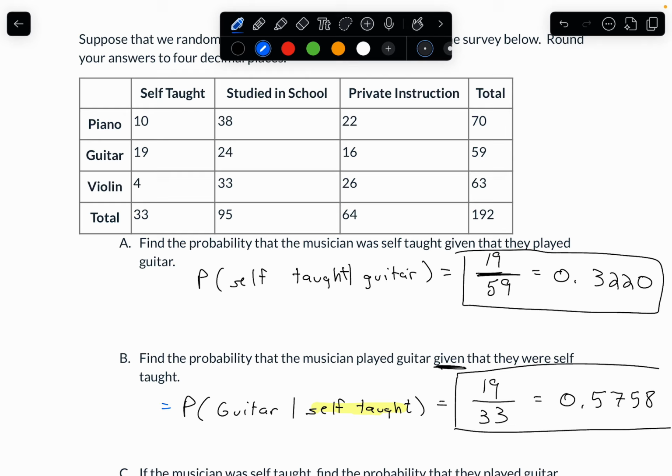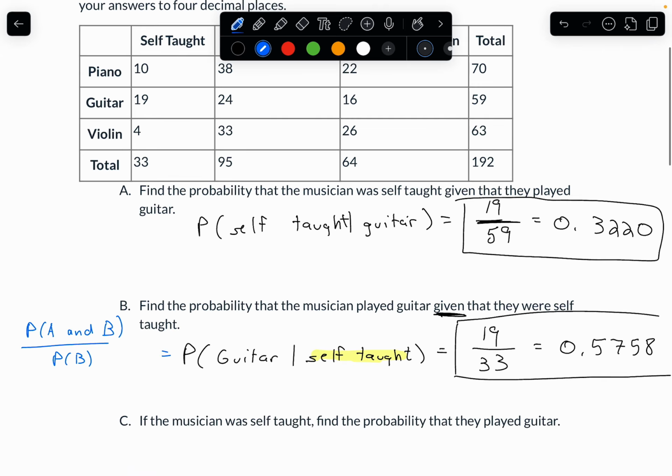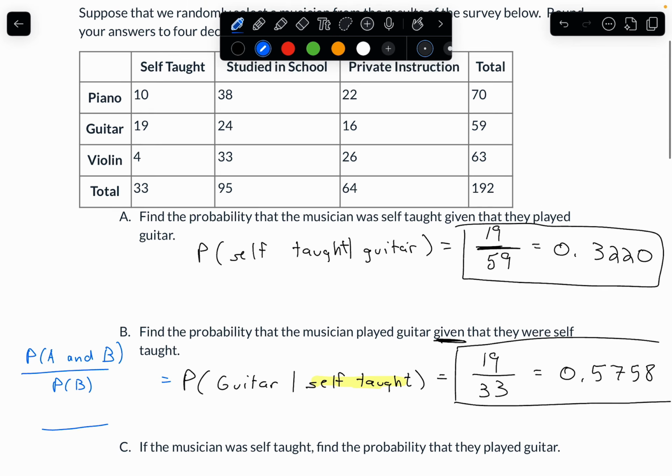The formula for conditional probability is the probability of A and B divided by the probability of my given event B. So I would need, first of all, the probability that they play guitar and were self-taught. Well, there were 19 of those individuals out of my total of 192. So 19 out of 192.